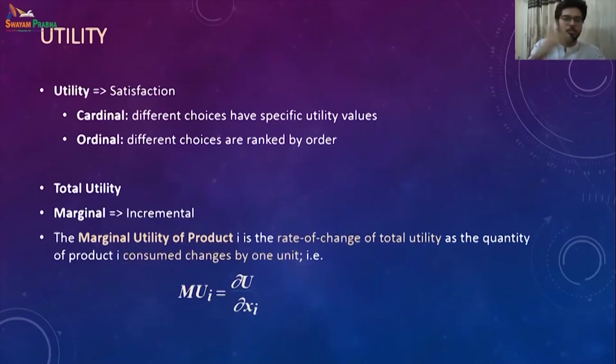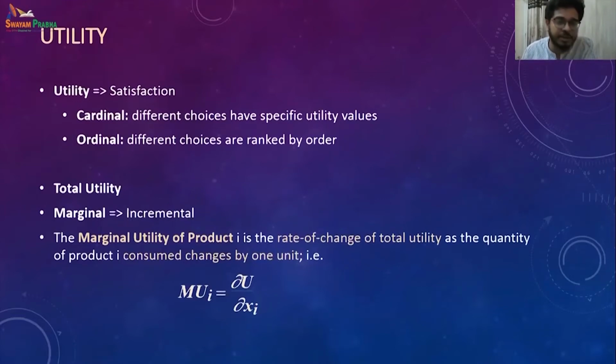So that is how my choices will be ranked, whether I am more satisfied with having 7 rasgullas and 2 gulab jamuns, or 1 rasgulla and 10 gulab jamuns, or 3 rasgullas and 5 gulab jamuns. I can rank them. This combination of gulab jamun and rasgulla is ranked 1, this is 2, this is 3, based on my satisfaction. I am most satisfied with this combination, second most satisfied with this, and so on. If you can order or rank this satisfaction, then this is called ordinal utility theory.